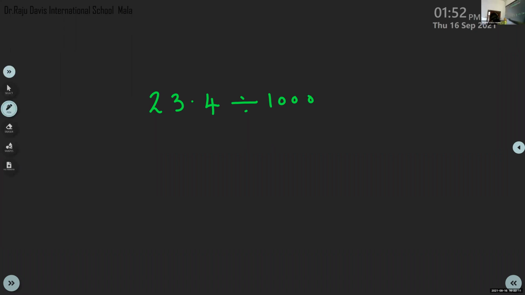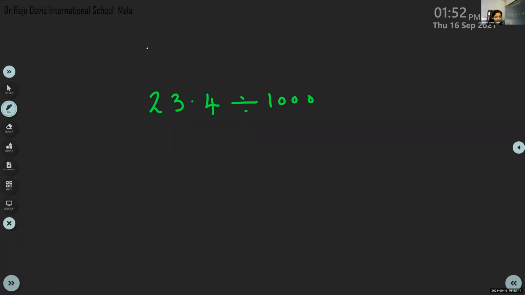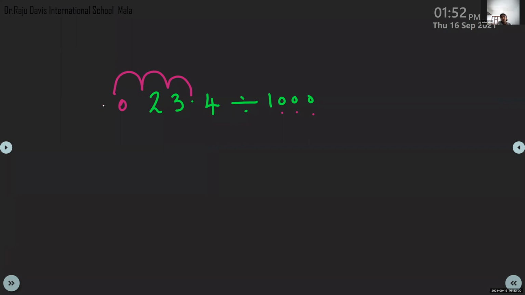We have to add 0s. 0.0234. How many places do we need? That many zeros you have to attach on the left side. So 1, 2, 3. There is nothing, so we put a 0 and place the decimal point.